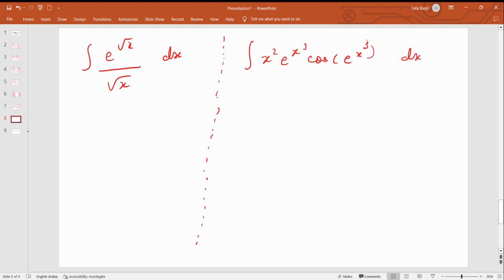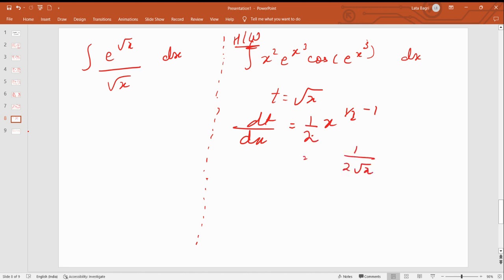Next is this question. Now this is actually homework, but I wanted to have one question having e. So here obviously I'm going to replace this only. T is e root over x, so dt by dx. So we'll be very careful. This is x to the power half, minus 1 and half over here. That means 1 by 2 root x.